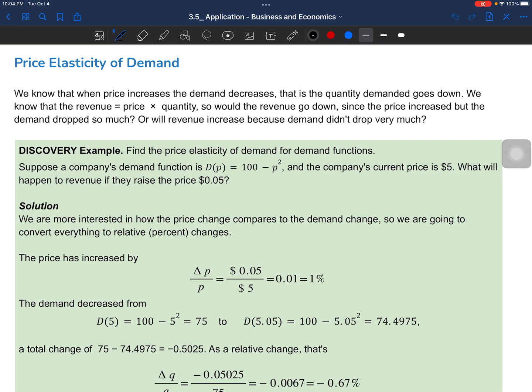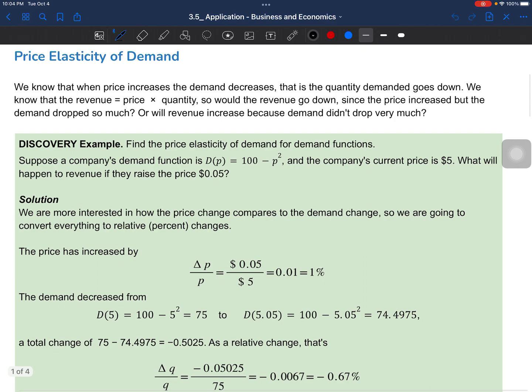We know that when price increases, of course, the demand will decrease. And what I mean by demand is what the population is going to buy, right? So if the price increases, then the population is willing to buy less, so the quantity demanded goes down.